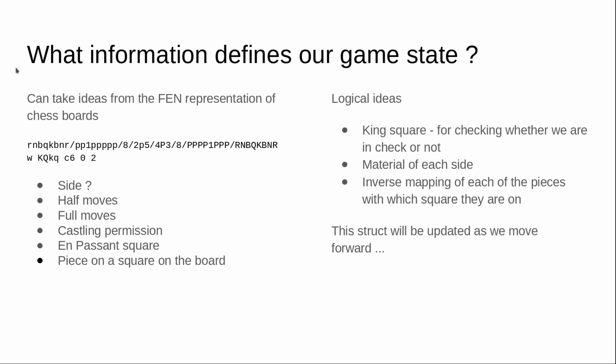Okay, so now I would be defining a game state. So what exactly is a game state? It is a structure which can represent a game at a particular moment in time.